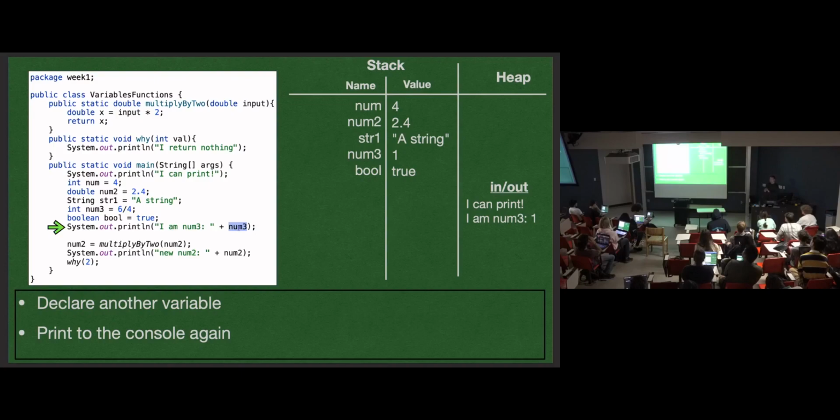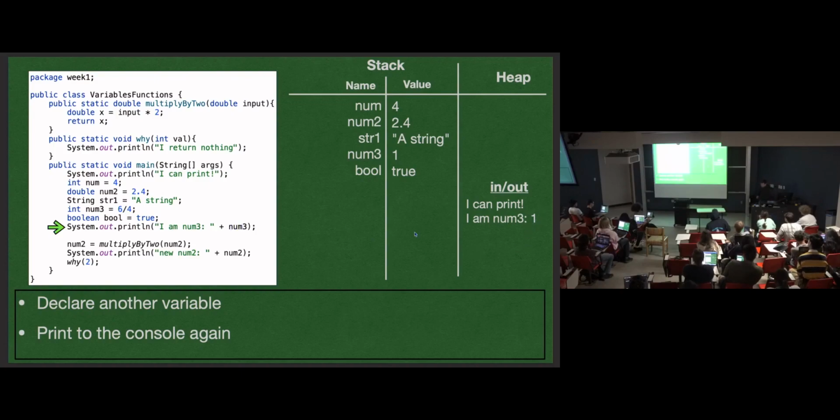What it does, because this is actually how Java is going to do this, it has a variable named num3 it needs to look up. It's going to look over here in this lookup table that it's created called the stack. Look for a variable named num3, look at the value it's storing, and use that in a replacement for that variable, and then print that to the screen.